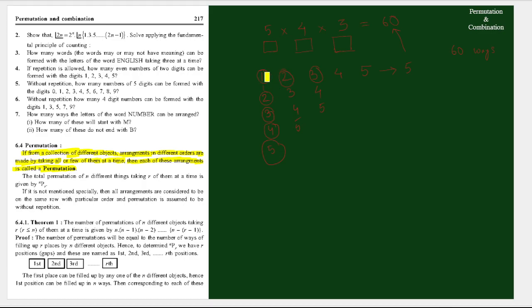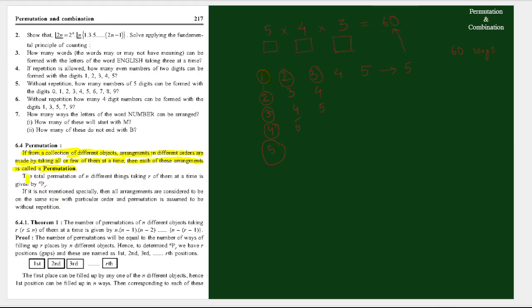So this 1, 2, 3 is one permutation. Same thing, 2, 3, 4 is another permutation. 4, 5, 3, all taken from these 5 digits, is another permutation. So overall, it can have 60 permutations.